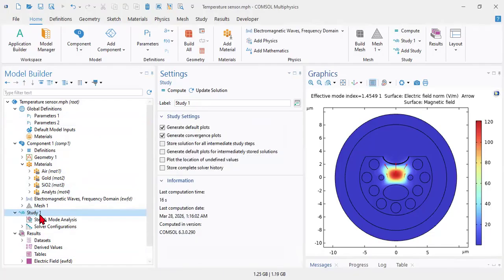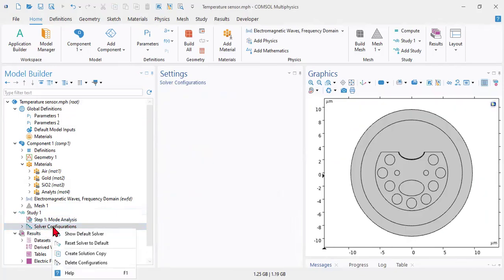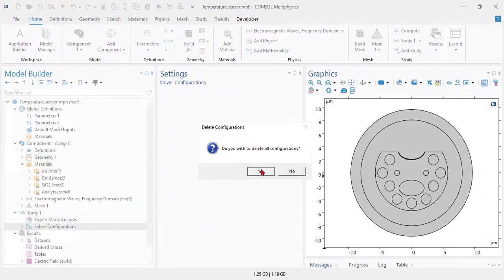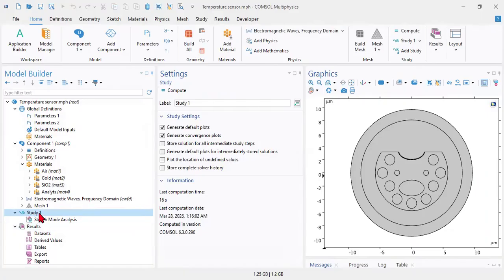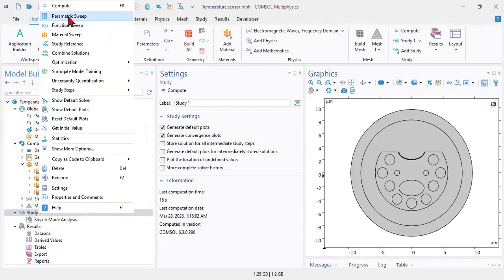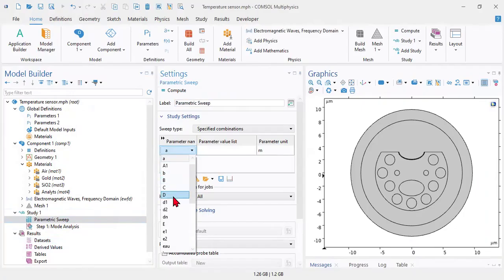Now from study, we already simulated the model, but we don't need the result now, so we can delete the result from here. Then from study, we have to choose parametric sweep, and from parametric sweep we have to select add. And then it will be L. Actually, this is the wavelength, right?